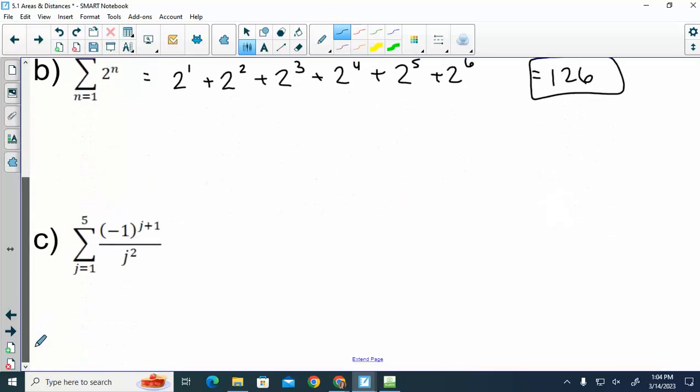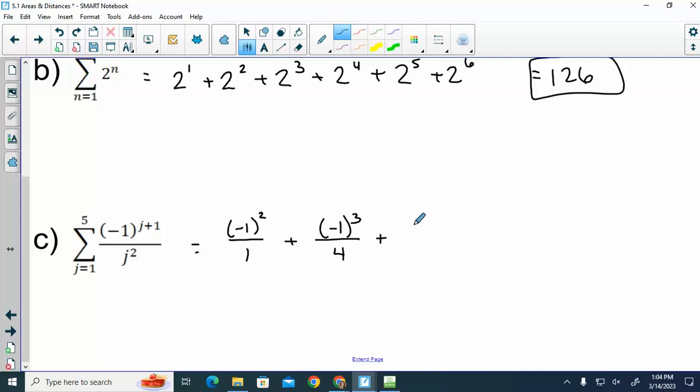The last one is a little uglier. Okay, how many things are we adding? 5. Okay. So if j equals 1, we have negative 1 to the j plus 1, so negative 1 squared over 1 squared is 1. If j is 2, we get negative 1 cubed over 2 squared, which is 4.